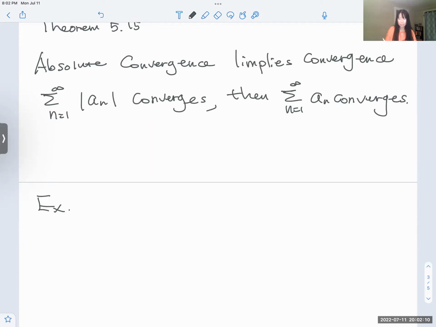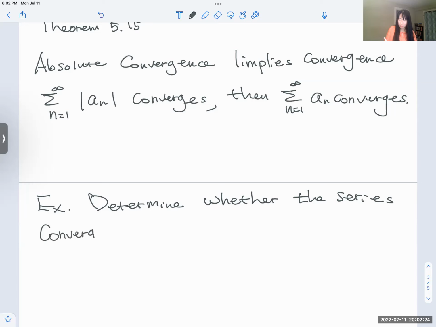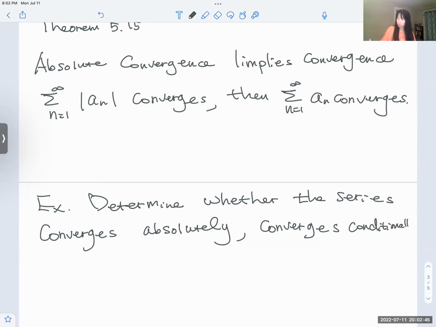Determine whether the series converges absolutely, converges conditionally, or diverges.